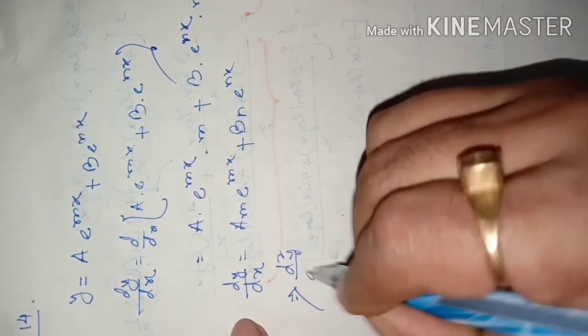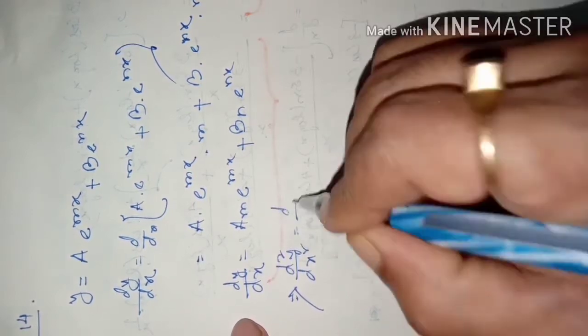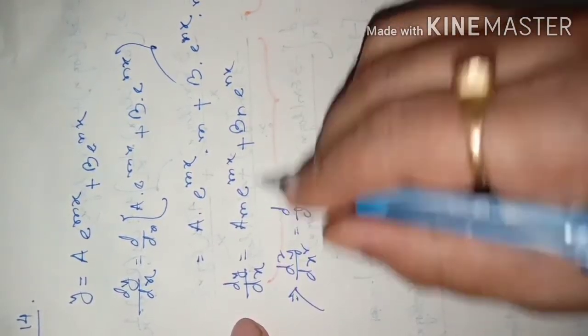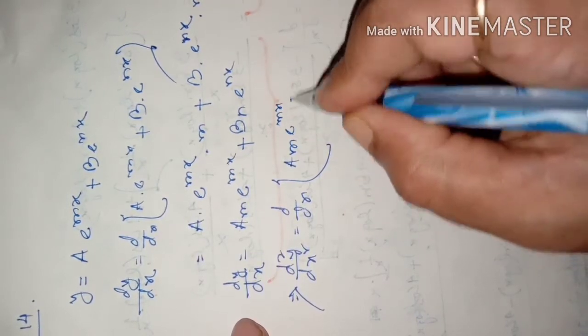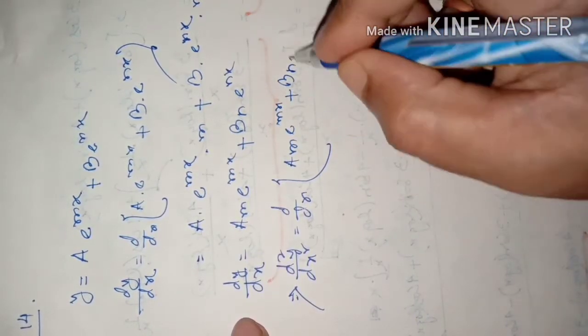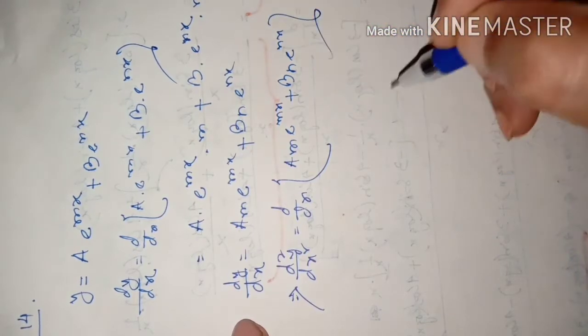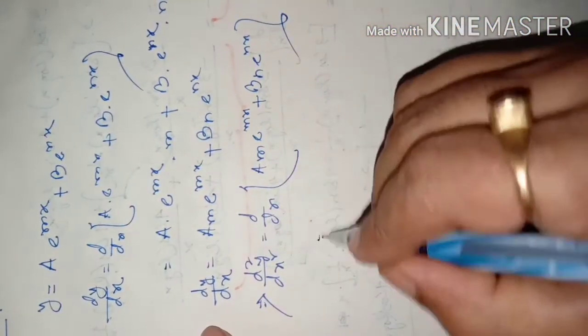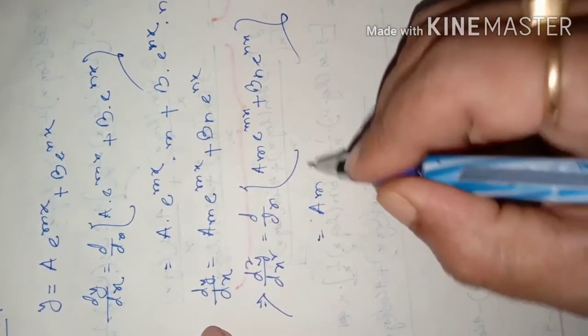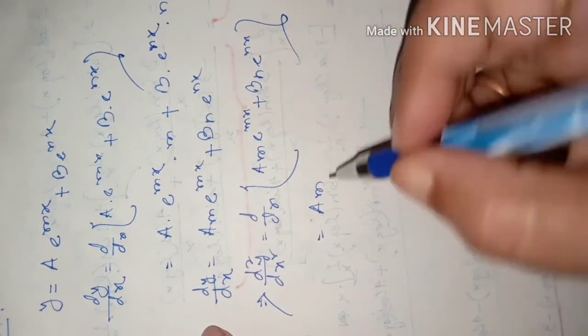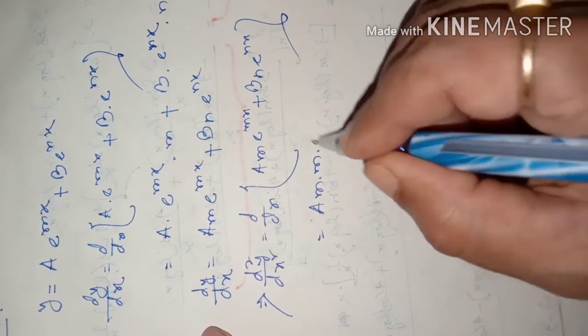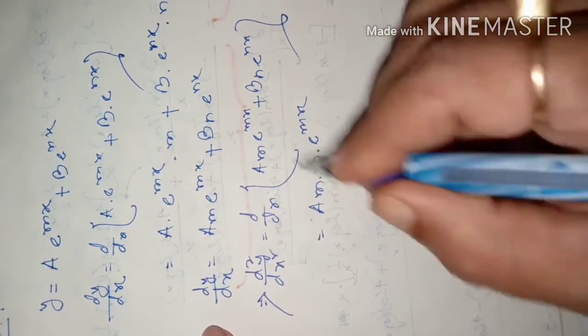d2y by dx square means ddx of this whole expression, am e to the power of mx plus bn e to the power of nx. So its derivative: am e to the power of mx will be e to the power of mx, again derivative of mx is m, so it will be one more m here into e to the power of mx. You understand now?